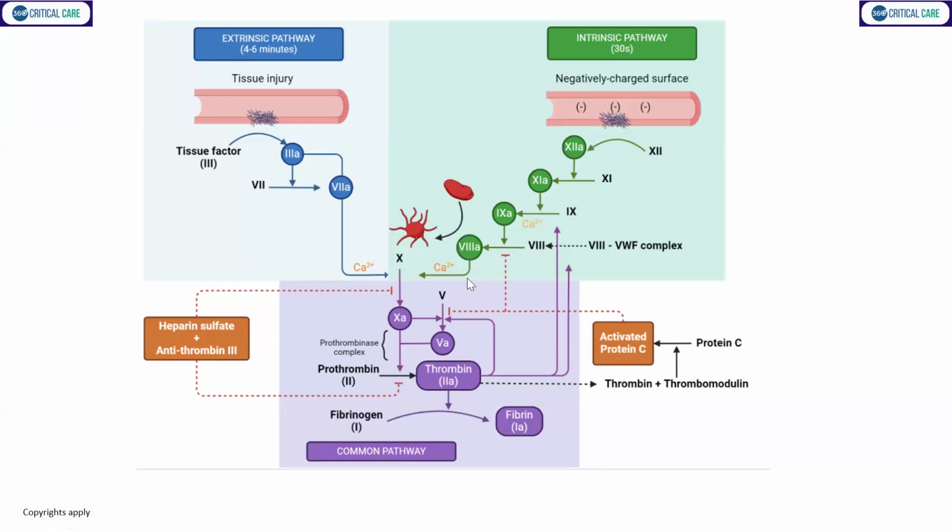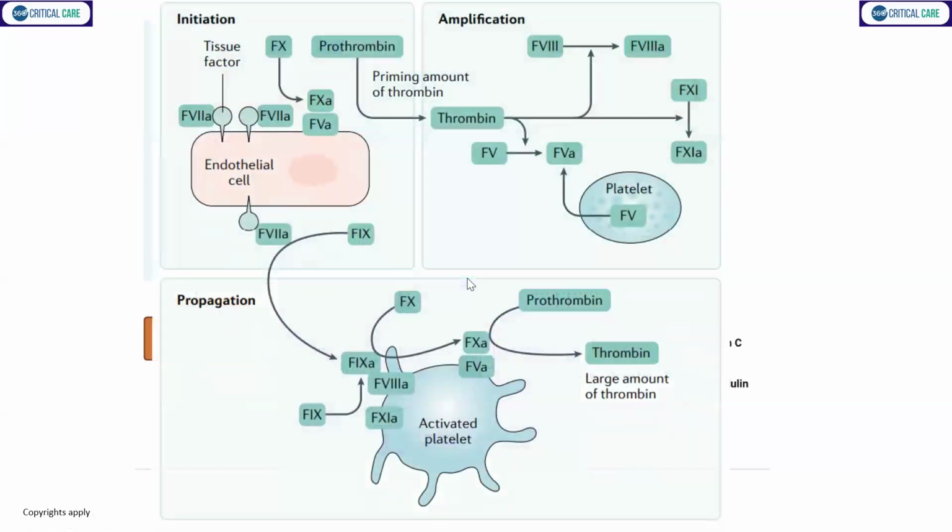But right now, many other hematological societies, like the British and the American Society of Hematology, have come up with another way of explaining this, which is called the initiation phase, amplification phase, and the propagation phase. Similar to any other case of a clot or bleeding, even in trauma, this follows the same principles.